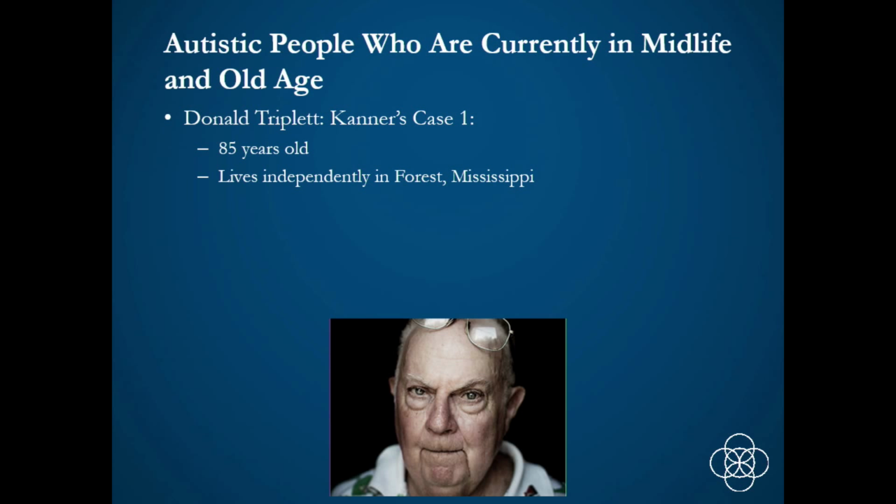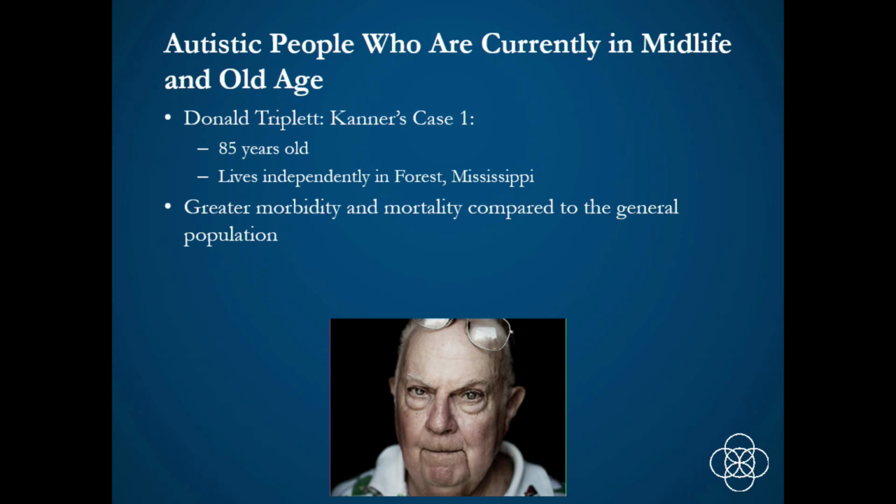Because the first person ever diagnosed with autism is only now in old age, we're really just beginning to be able to learn about what happens to autistic people as they get older. We've heard for many years from families, and we have studied to some degree, that people on the autism spectrum may have greater morbidity or more health problems throughout their lives and may die earlier.